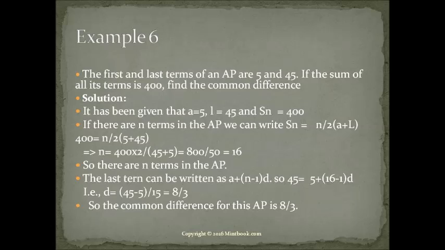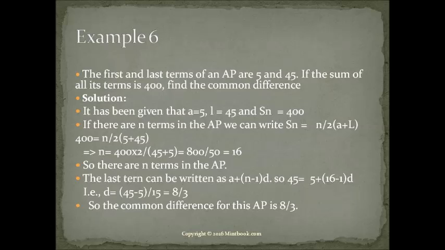So sum to n terms of an AP will be equal to sum to n minus 1 terms plus the nth term. That is, Sn is equal to Sn minus 1 plus An, which will give us An, that is the nth term, is equal to Sn minus Sn minus 1. Now in the given question we are told the sum to n terms of the arithmetic progression.